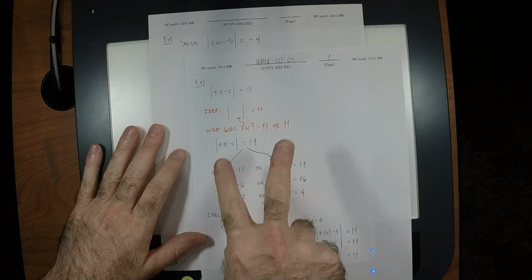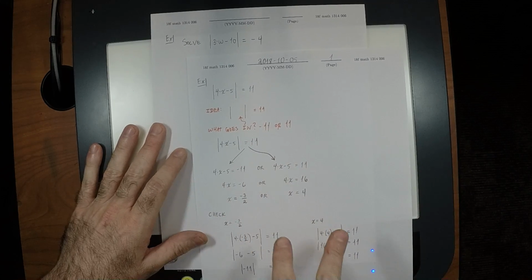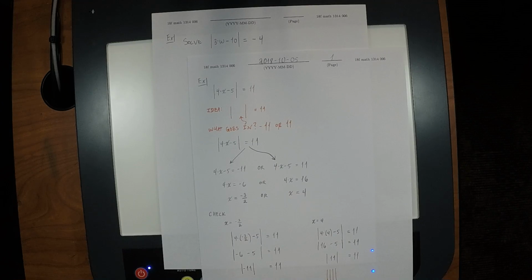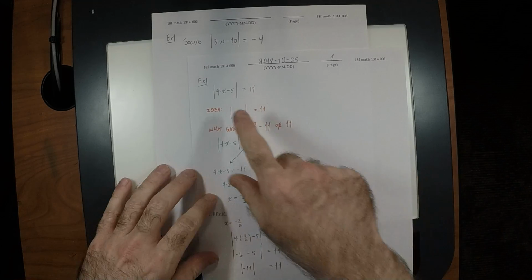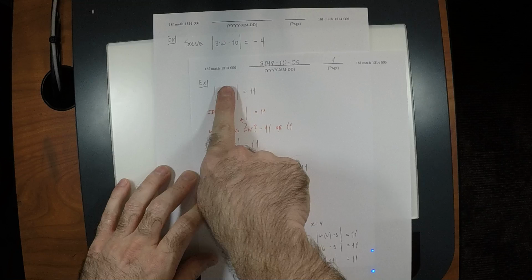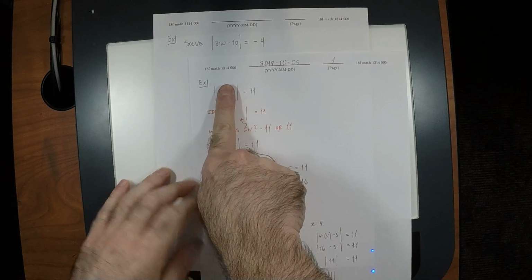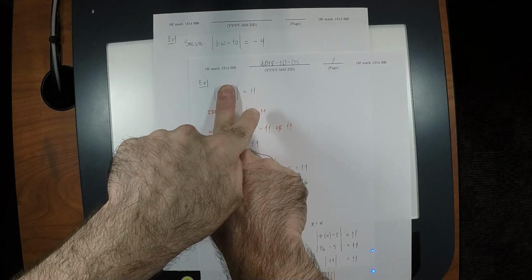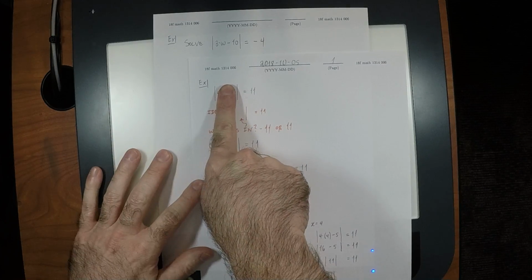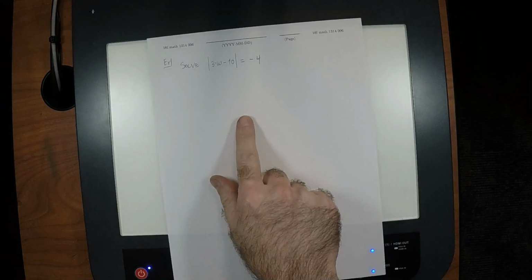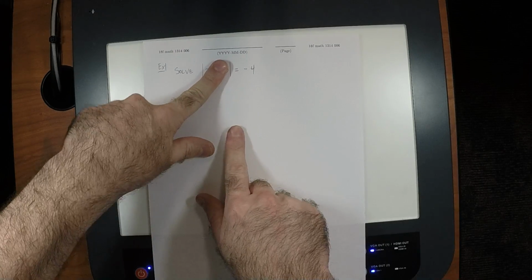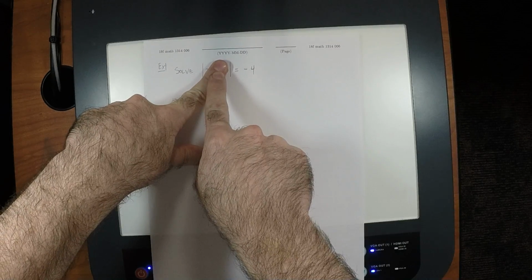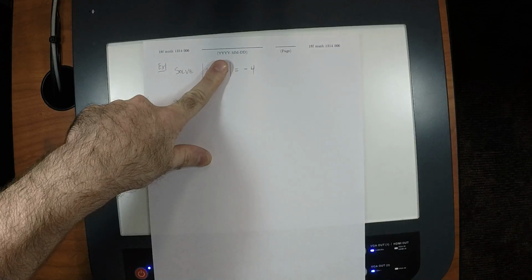So if you did something like this, or started to do something like this, you've made a serious error. Because just like we said for this one, the idea was, well, what if we just cover that up, what would I need to put in there so that an 11 would come out? Well, 11 or negative 11, right? And now the question is for this one, covering that up, what would I need to put in there so that negative 4 would come out?